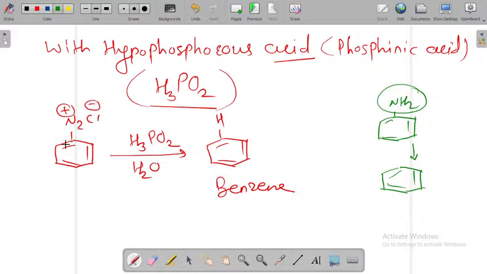So these are the different reactions which can be shown by this benzene diazonium chloride. Almost 7 different reactions we have seen using benzene diazonium chloride. Do all of you understand?